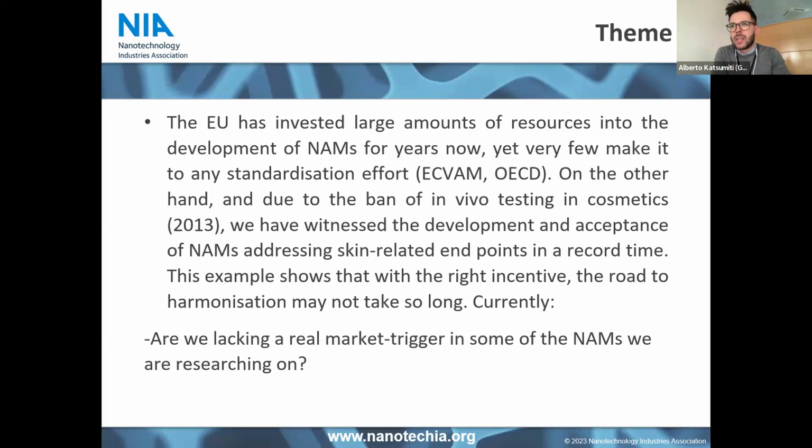But of course, this will probably take time to be tested by the partners of the network, and so on. So how can we maintain this financial support along this time, not just for the development, but also for the validation process, and then to the very end of the process, submitting to the OECD or ISO for a guideline.